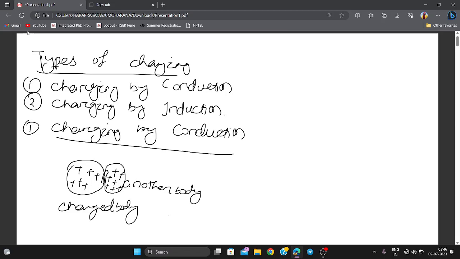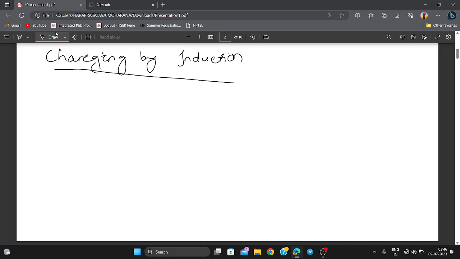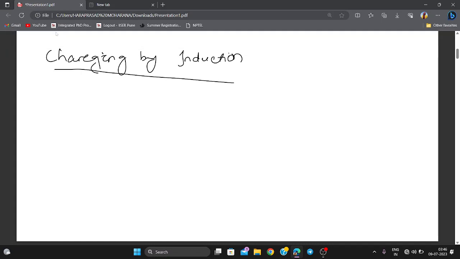So what does it mean by charging by induction? Charging by induction. I will explain it through diagrams.